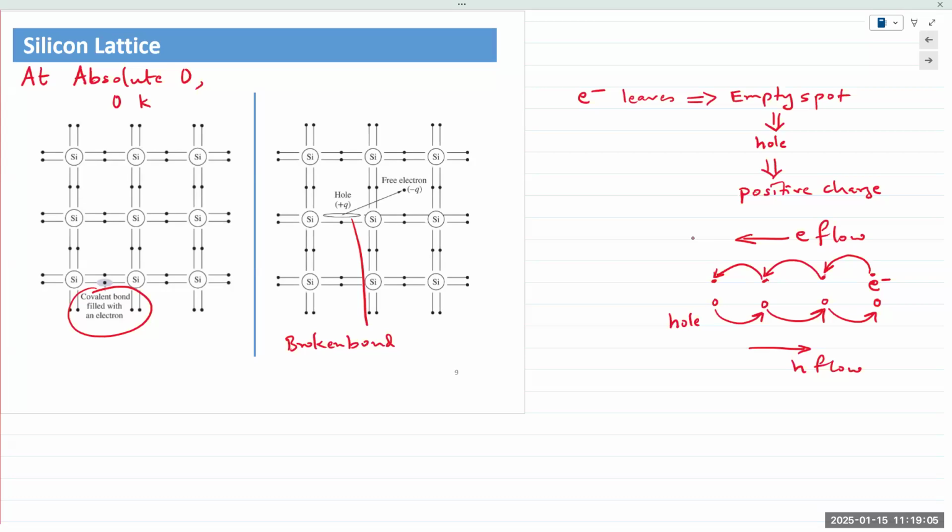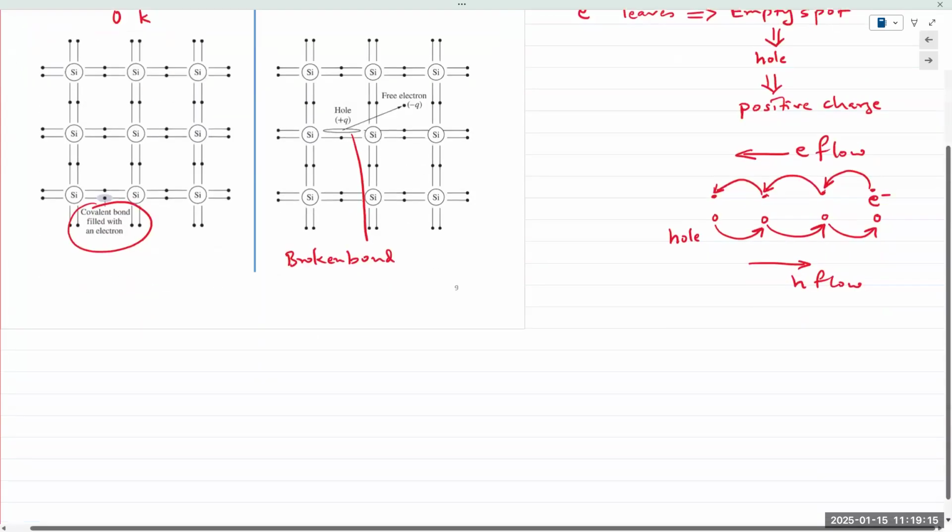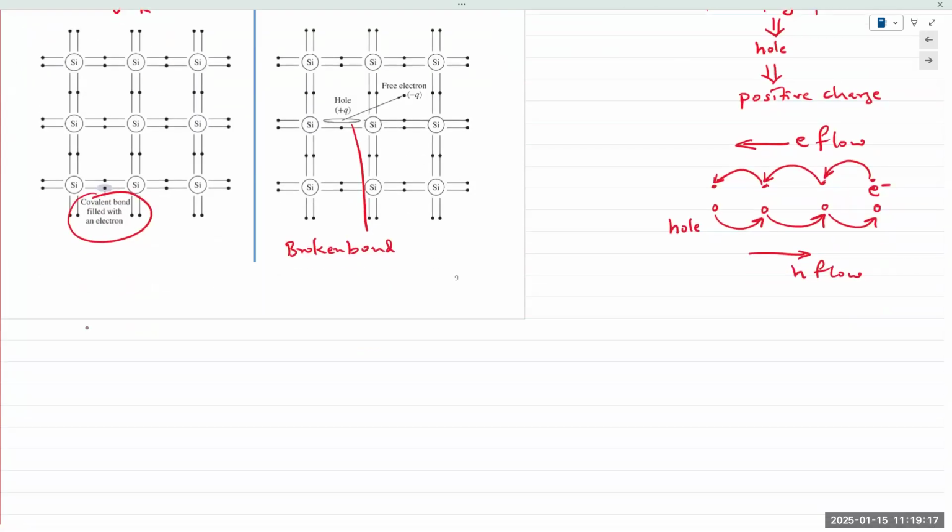So they are charge carriers, and because they're already present in the silicon material, they are known as intrinsic charge carriers.